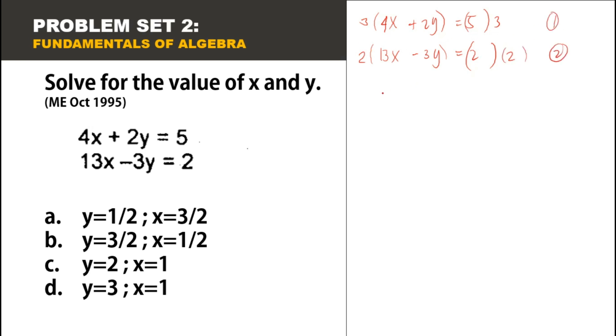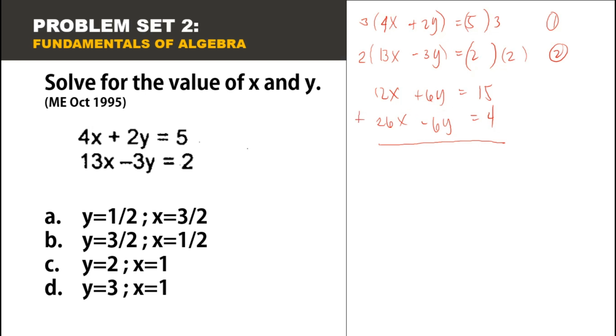So 3 times 4 is 12x plus 6y equals 15. For the second equation, 2 times 13 is 26x minus 2 times 3, that is 6y equals 4. Now we can add these. We don't subtract because this is a negative.